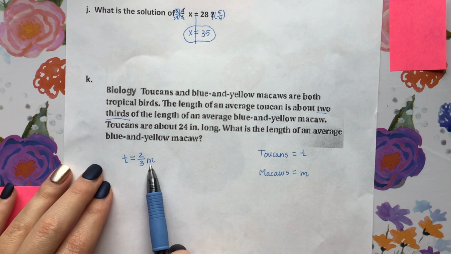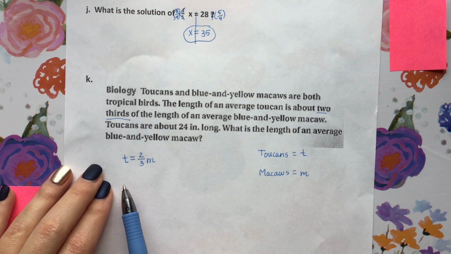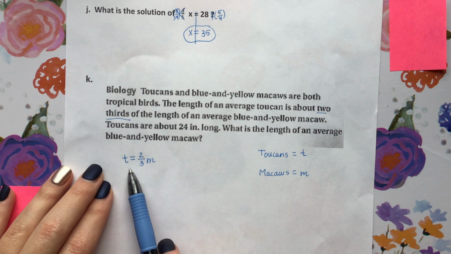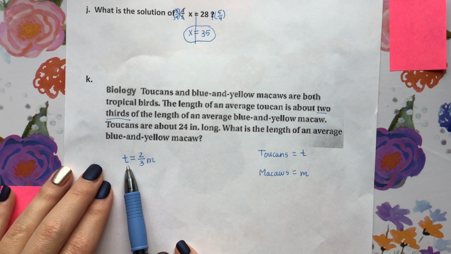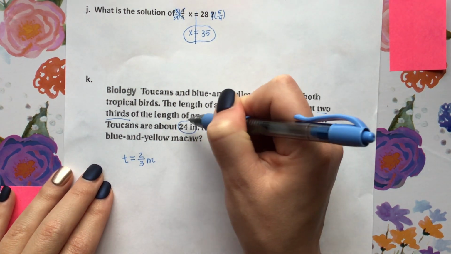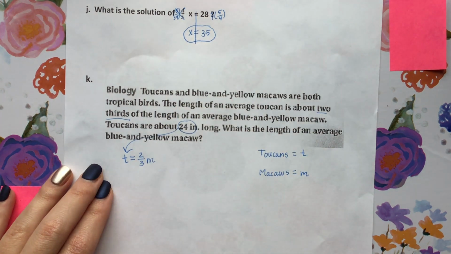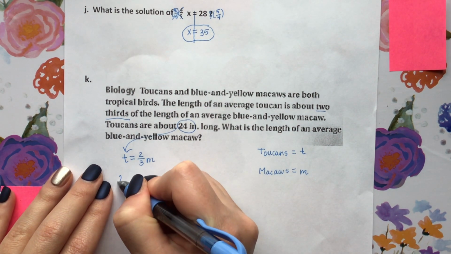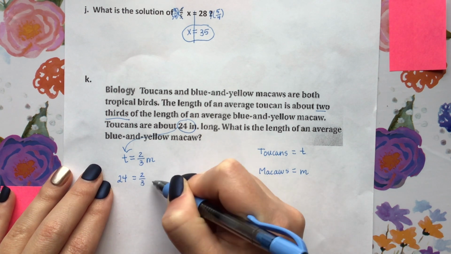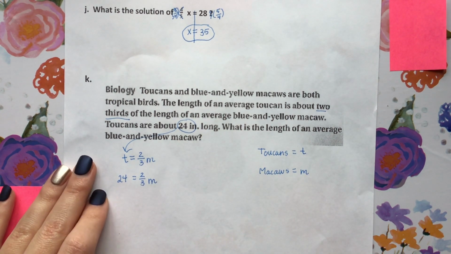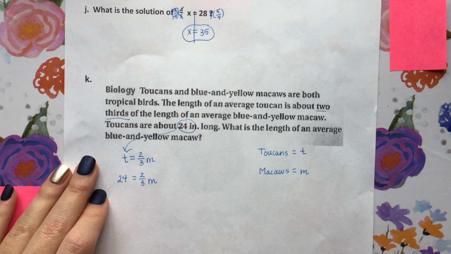But I have two variables and I can't solve this with two variables. So let's see if I can substitute anything in. It then says toucans are about 24 inches long. So instead of putting t here, I'm going to take this 24 and substitute it in for that t because I know its value now. So now I have 24 is equal to 2/3 of the macaw. I have my equation. I'm ready to solve.